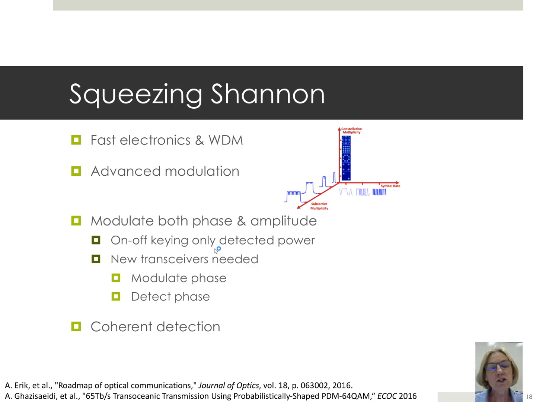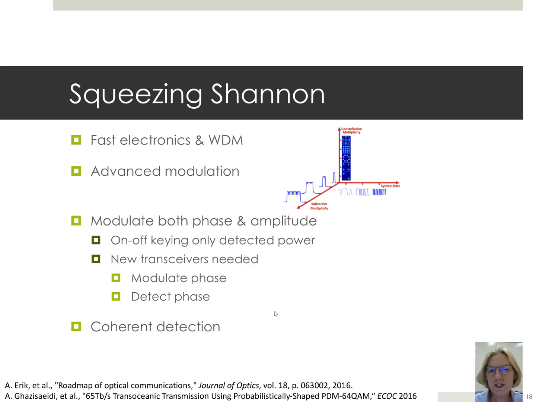That meant that we needed new transceivers in the optical domain that were capable of modulating the phase and, of course, adjusting the amplitude, but that's done more easily. And we had to have receivers that were able to detect the phase. Since photodetectors, which were commonly used in on-off keying, only detected the power of the signal, we had to go to a new type of transceiver that used coherent detection.